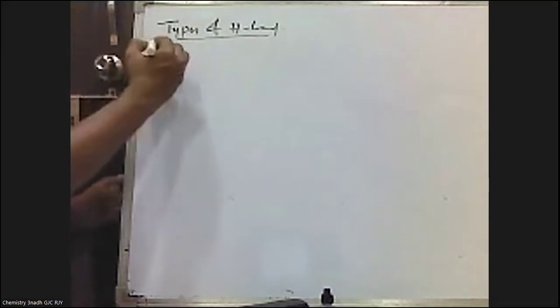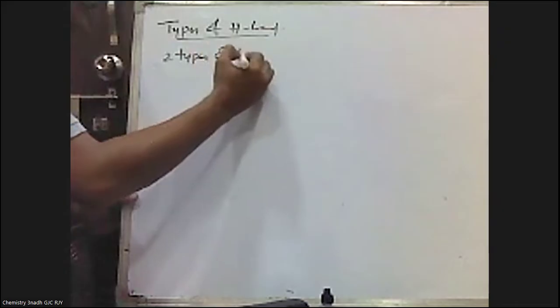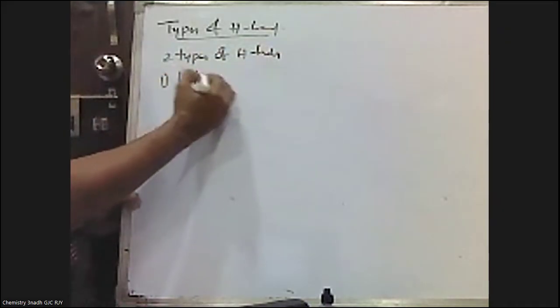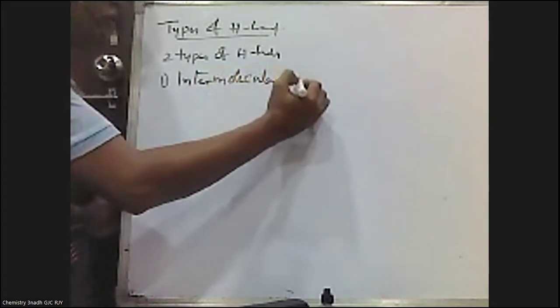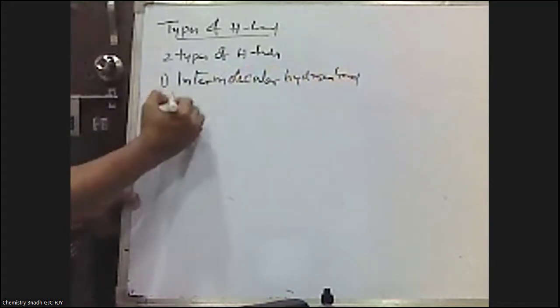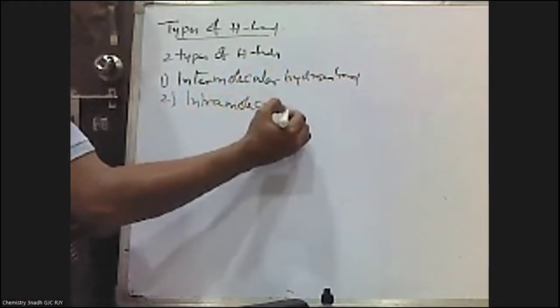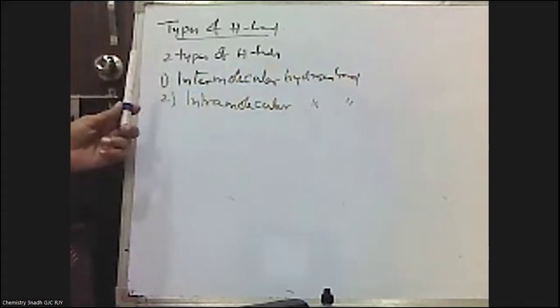There are two types of hydrogen bonds. One is intermolecular hydrogen bond. Second one is intramolecular hydrogen bond.